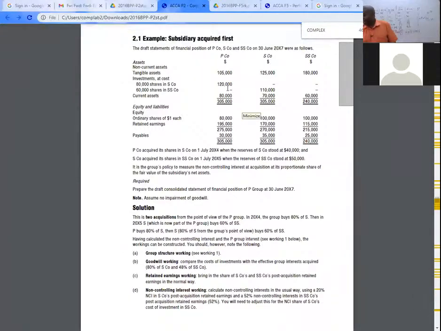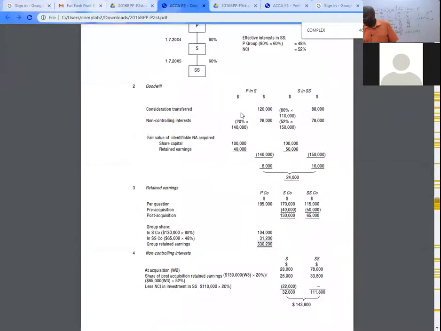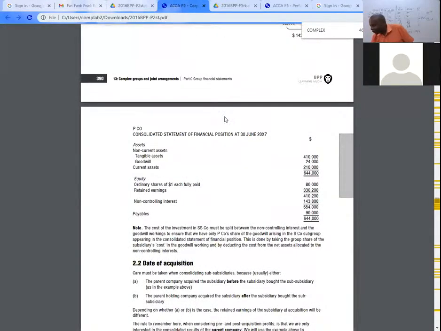Give me the total assets. Give me the total equity and liabilities. This is how your balance sheet should look like. The tangible assets, 410. The goodwill, I hope we got goodwill of 24. Current assets of 210. Total giving us 644. Ordinary shares, 80, 330.2 retained earnings, you can see.